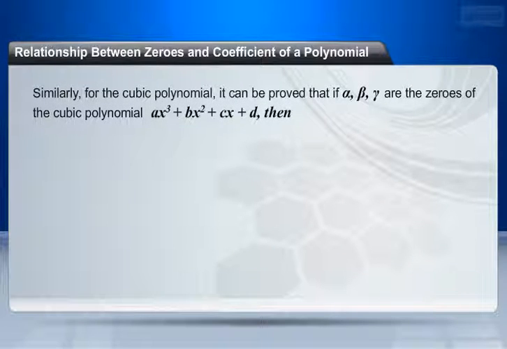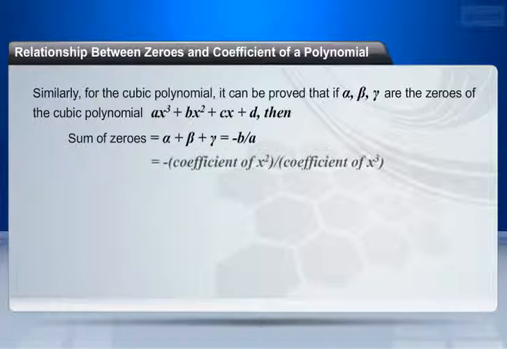Similarly for the cubic polynomial, it can be proved that if alpha, beta, gamma are the zeros of the cubic polynomial ax cubed plus bx square plus cx plus d, then sum of zeros, alpha plus beta plus gamma, is equal to minus b by a, which is equal to minus coefficient of x square by coefficient of x cube.